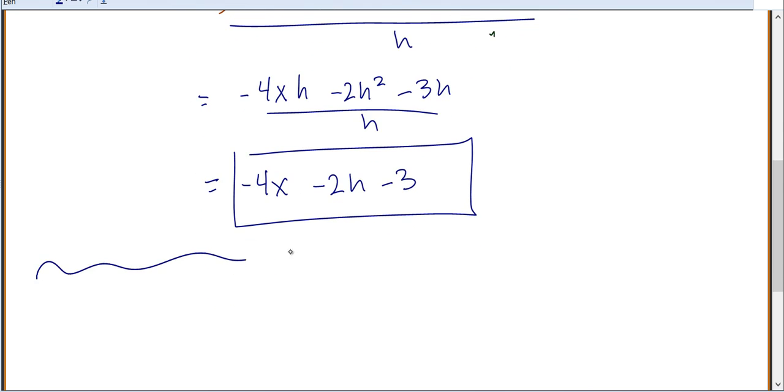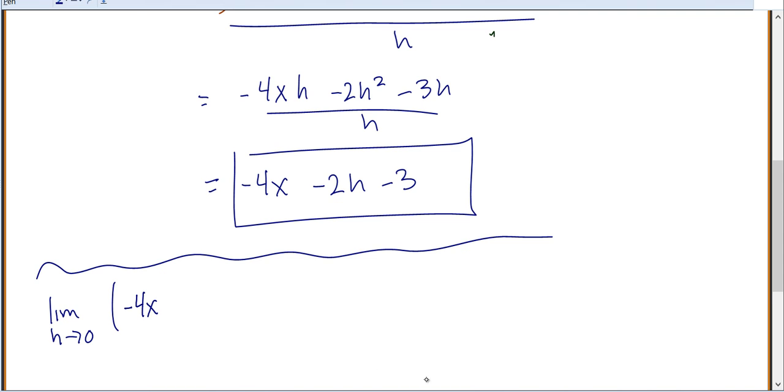Now, not technically included in the problem, but what if we now take the limit as h goes towards 0 of everything that's left? So negative 4x minus 2h minus 3. Now at this point, if you're taking the limit, first just try and plug it in directly. As long as you're not going to be dividing by 0 or something that interferes with the laws of math, you can just plug it straight in.